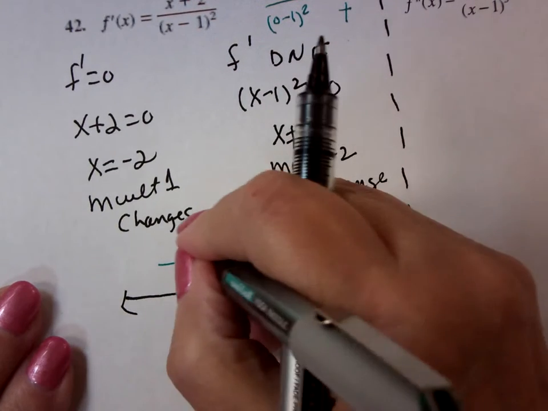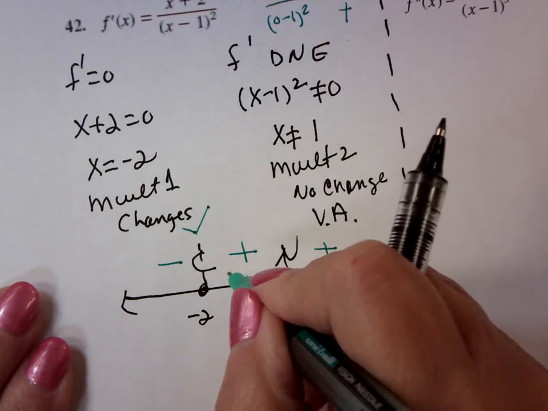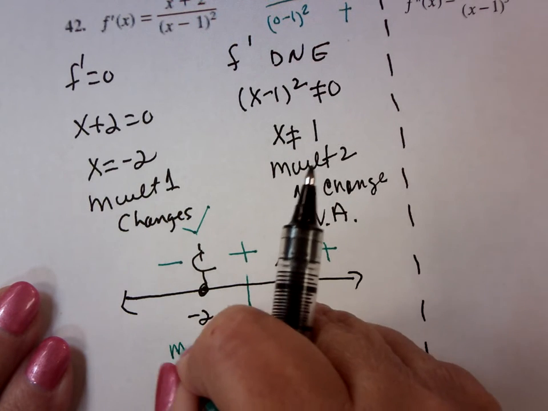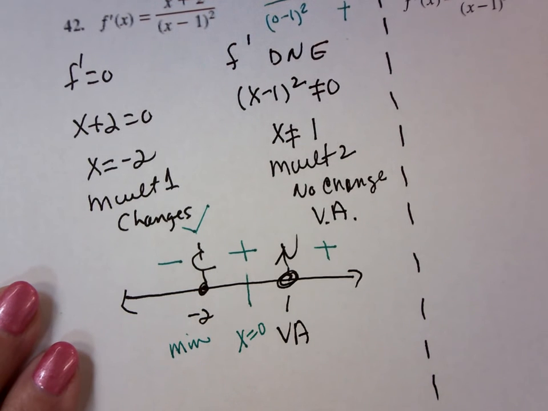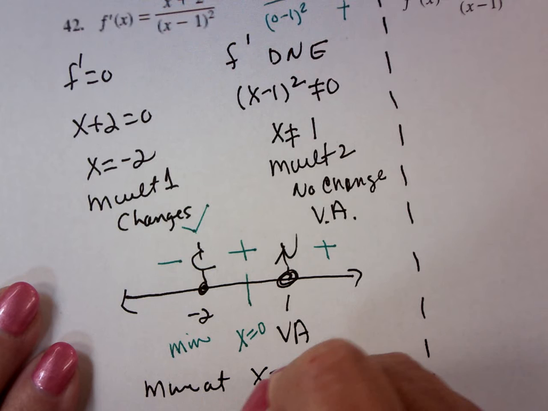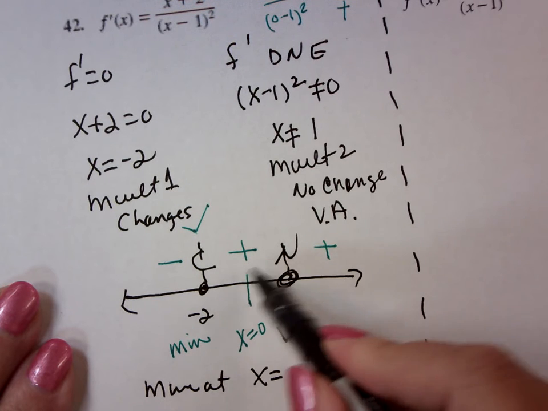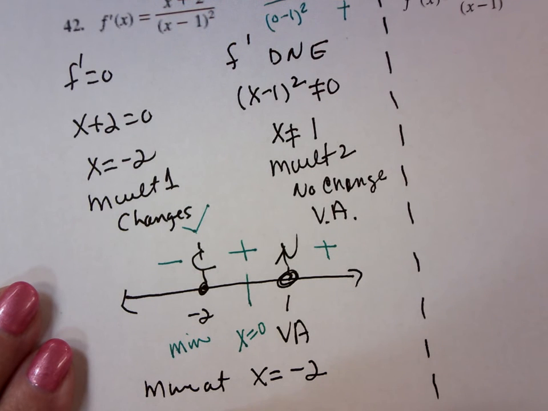So negative followed by positive means I have a min. So I've got a min at x equal negative 2. It's increasing from minus 2 to 1, and because 1 is a VA, it's not in the domain, so you've got to jump over it, then 1 to infinity.